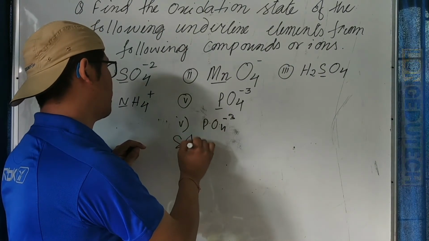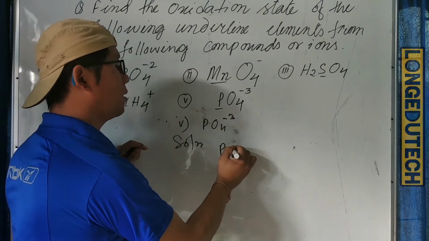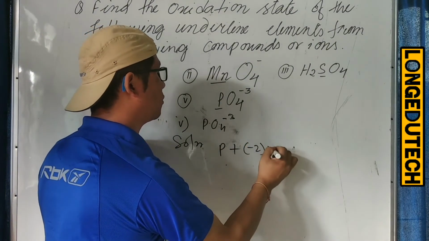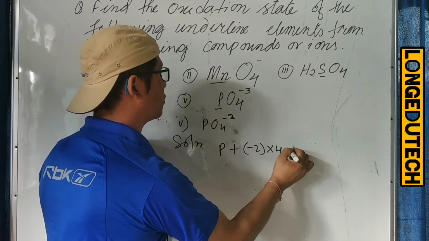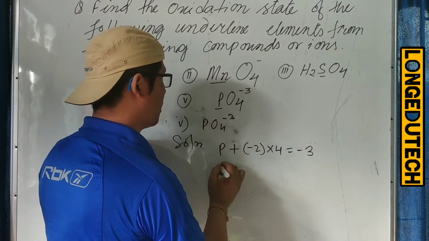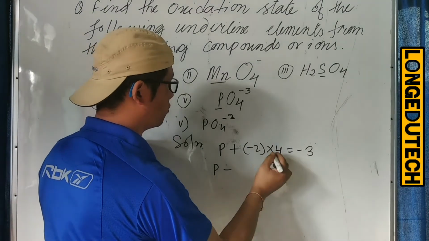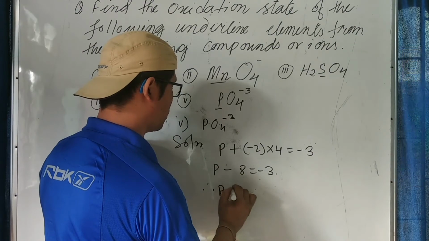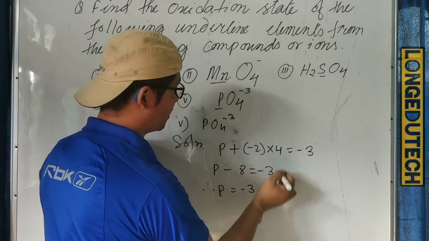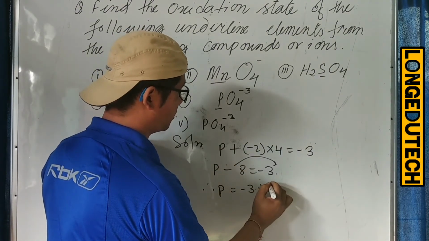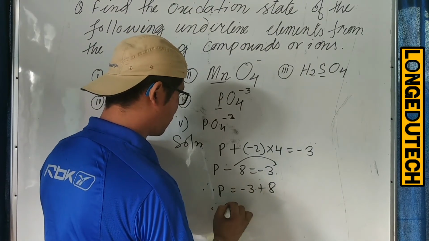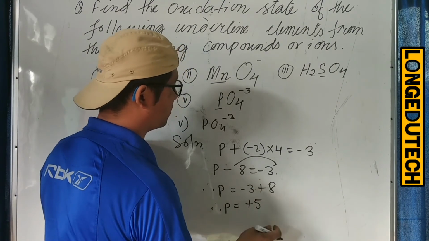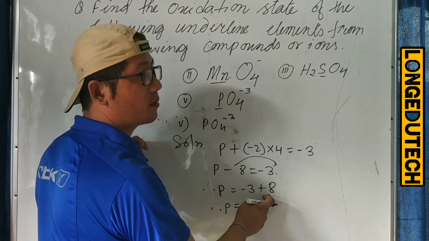So P, I am doing it directly here, plus oxygen valency is minus 2, as you know, into 4, is equal to minus 3. Then therefore P minus 8 is equal to minus 3. Then P is equal to minus 3, and if we bring the minus 8 to this side, it becomes plus 8. Therefore, the oxidation state of phosphorus is how much? That is plus 5, because minus plus minus, we take the sign of the bigger number.